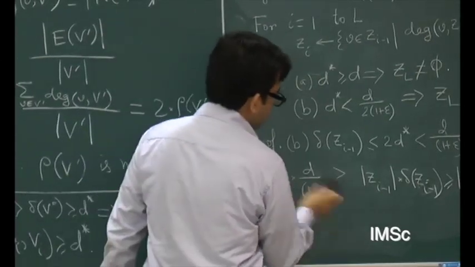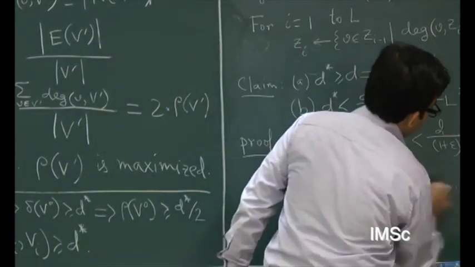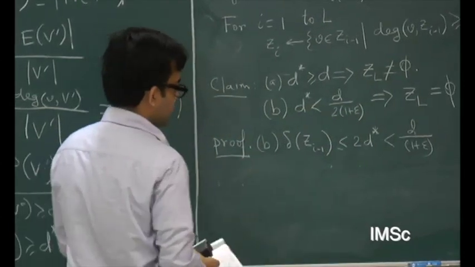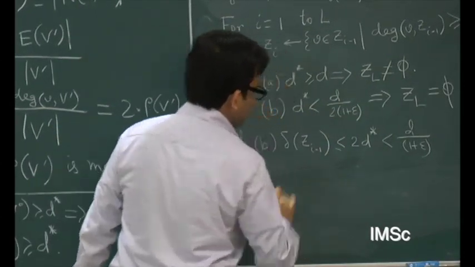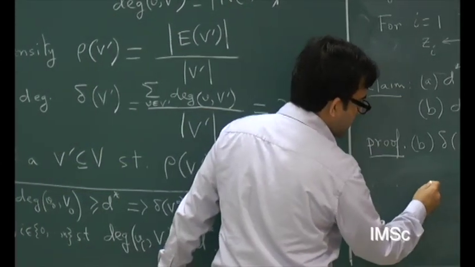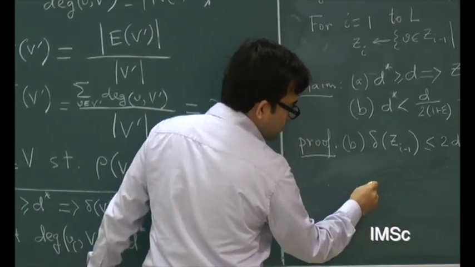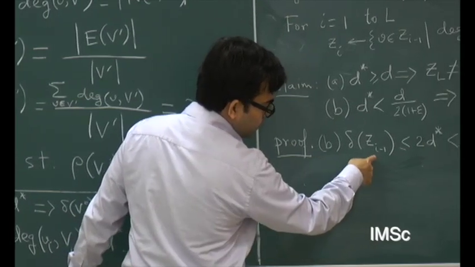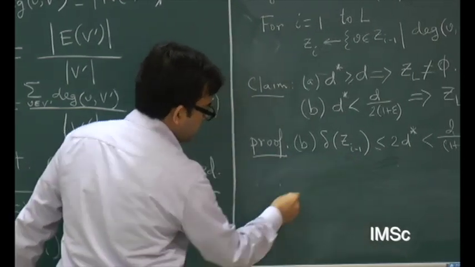Sorry, I am actually making it unnecessarily complicated. All I wanted to say was, look, delta of Zi minus 1 is this.